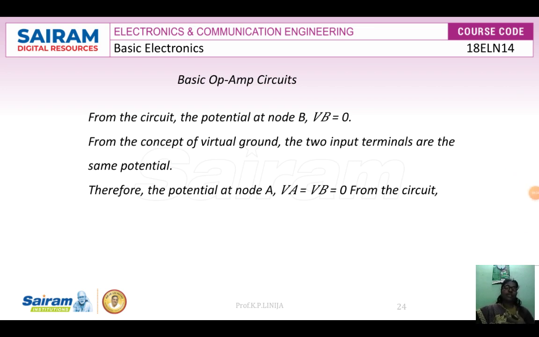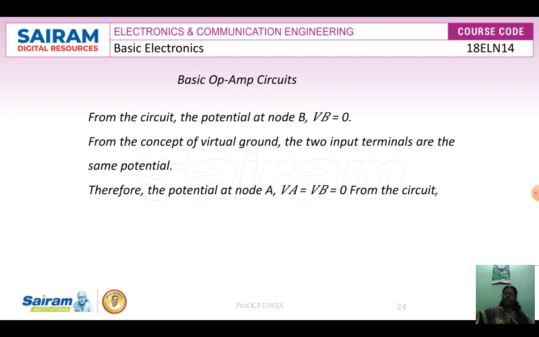Now, we know that the current I1 is equal to IB plus IF. Since the input impedance of the op-amp is very high, no current flows into the op-amp input terminals. Therefore, obviously from the circuit it is understood that IB is equal to 0. Therefore, I1 is equal to IF.